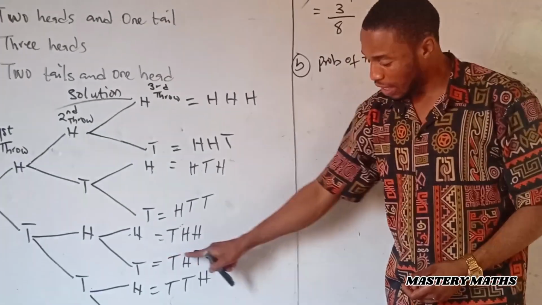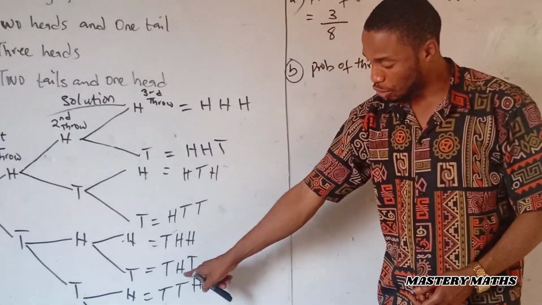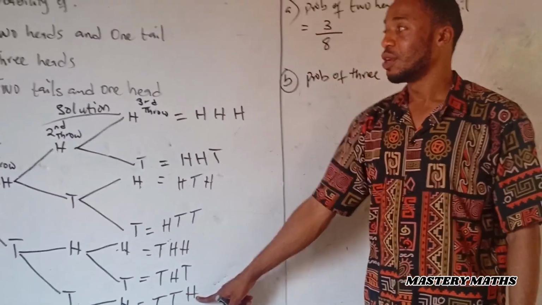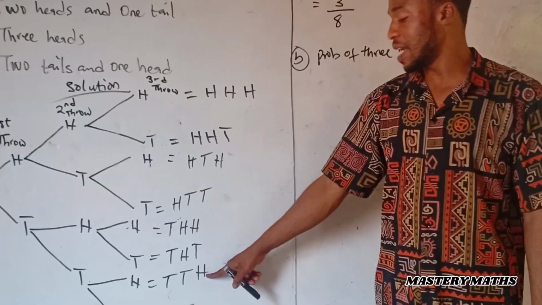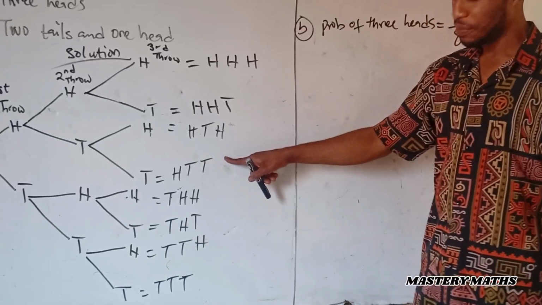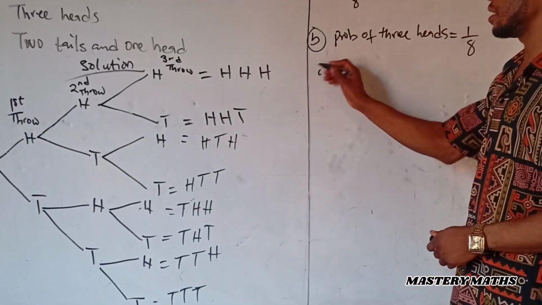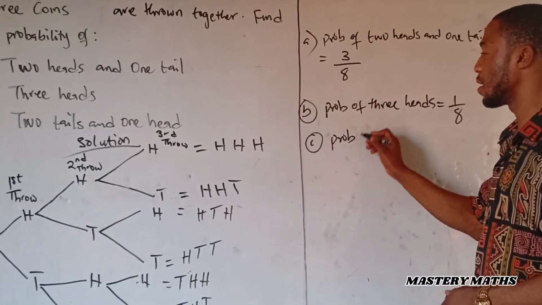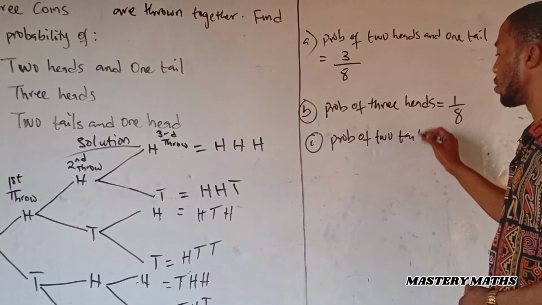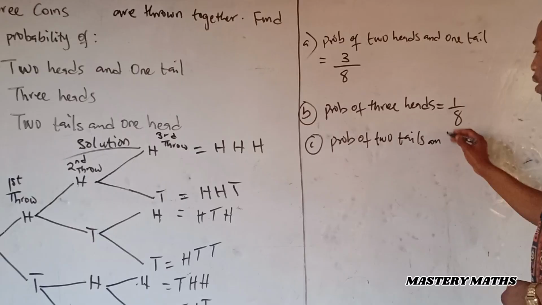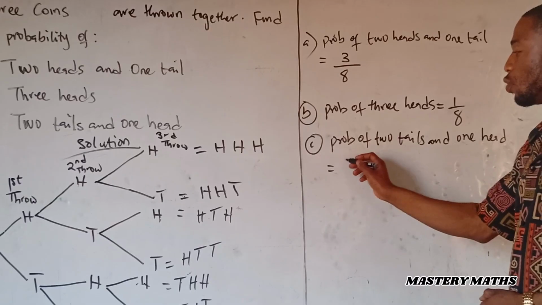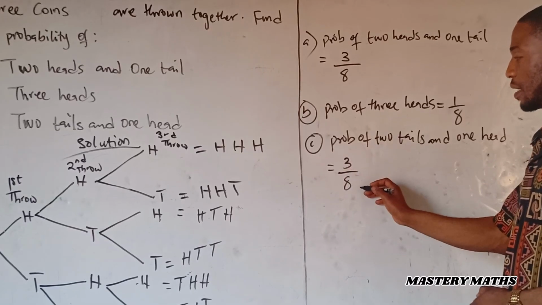The next one again is 2 tails and 1 head, 2. The next is 2 tails and 1 head, 3. So 2 tails and 1 head appeared 3 times. So our C will be probability of 2 tails and 1 head is equal to 3 over 8.